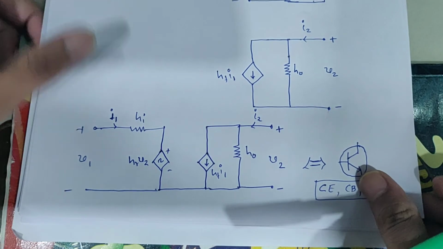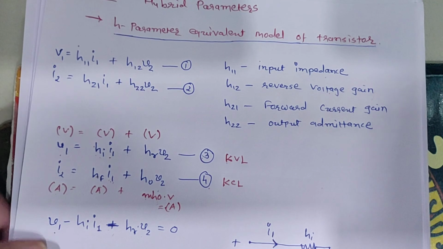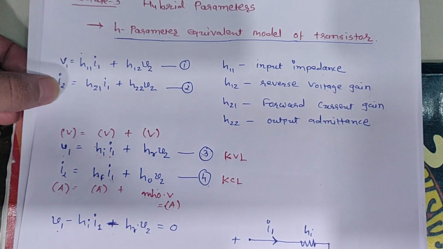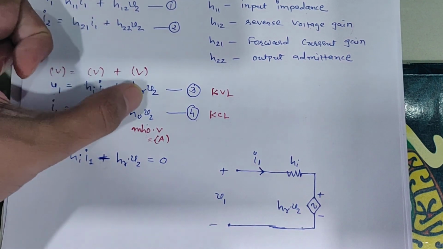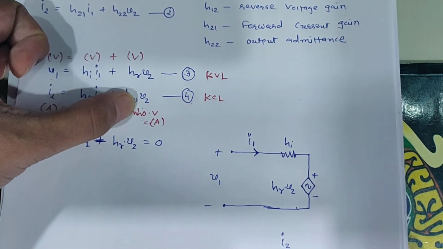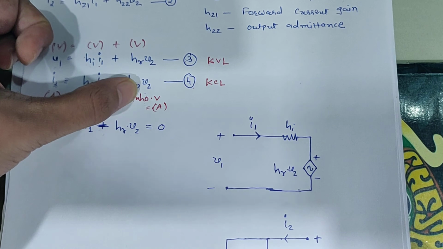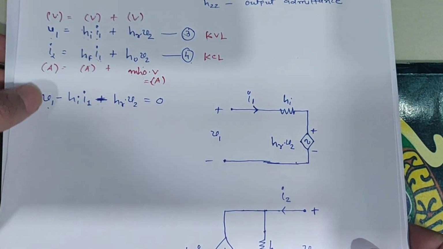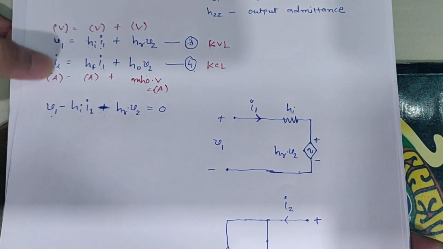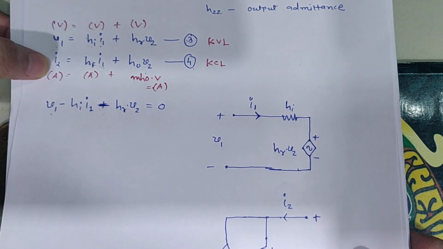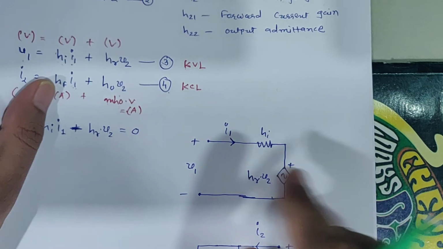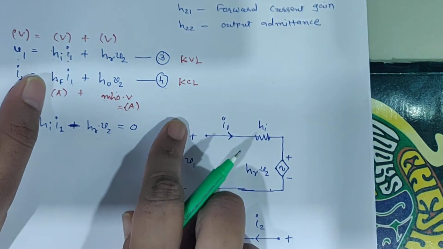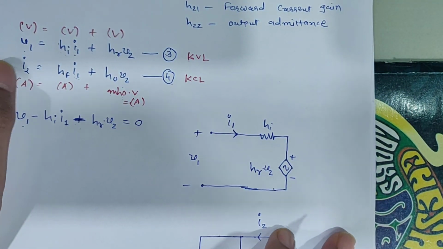This is a very easy and similar step: a two-port network derivation, where we achieved two equations. Then we gave different names to all the H parameters: H11, H12, H21 and H22. Then we saw how to represent these two equations in circuits. One equation was the KVL equivalent, and the other is the KCL equivalent.